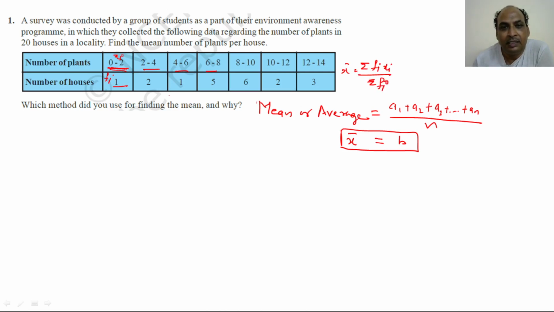Sigma means summation, when we are adding all of them. So we will make this xi and this fi, and the same we are going to use now.